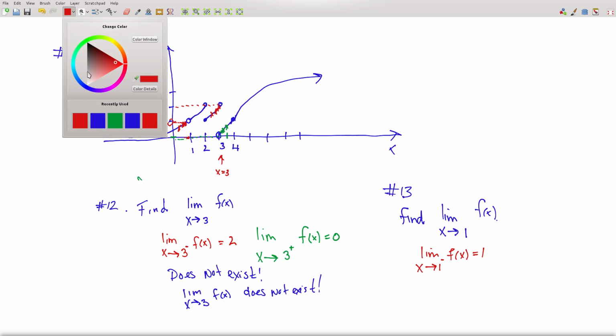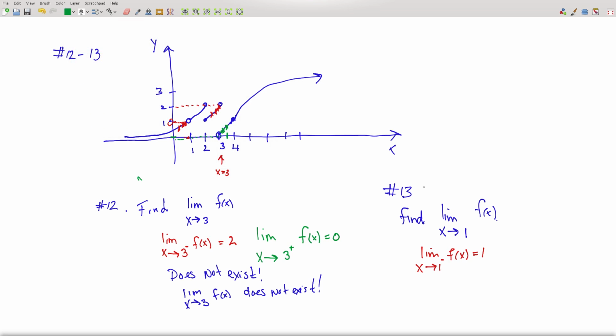I'll switch over to the green ink. So here, let's find the limit as x approaches 1 from the right. These are values that are to the right of 1. So for example, 2, but also 1.5 and 1.1 and 1.01 and 1.001 and 1.0001. We never have to actually get there, but we're getting closer and closer.